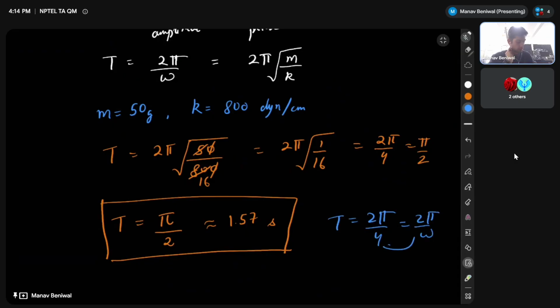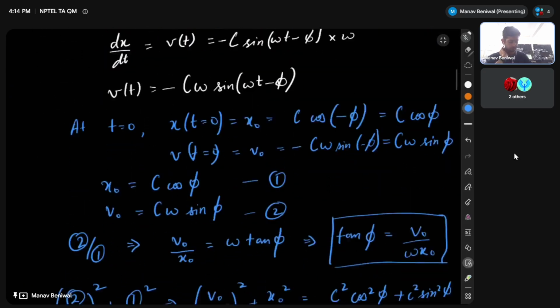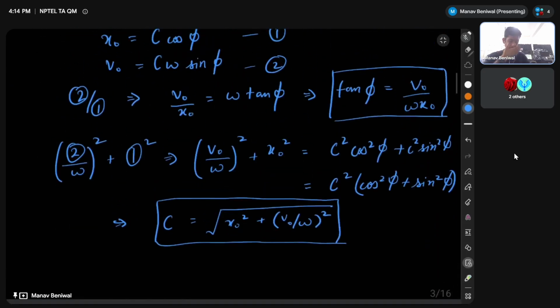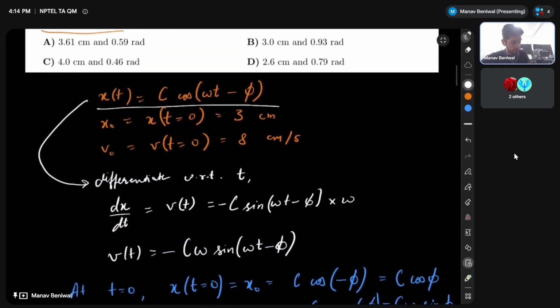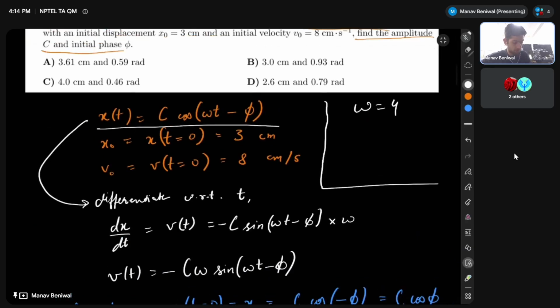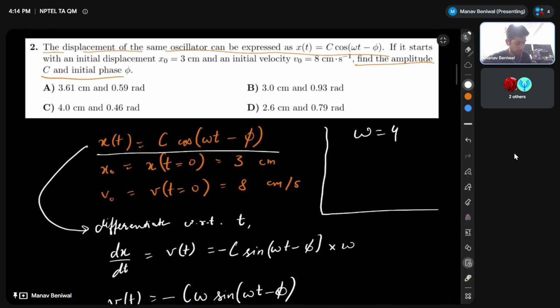So this implies omega is nothing but 4. So let's write here that omega is 4, x naught is 3, and v naught is 8.